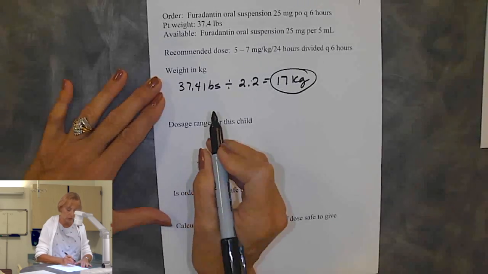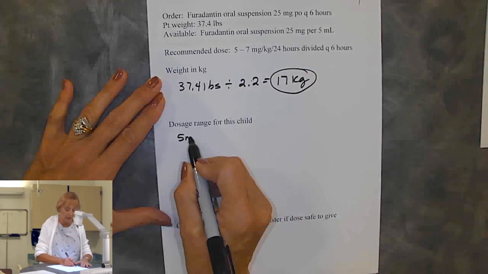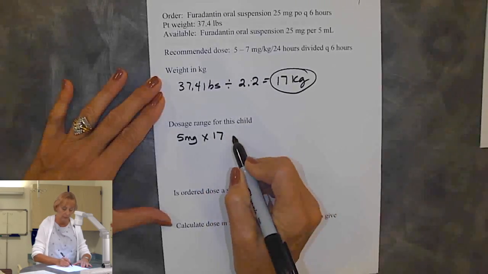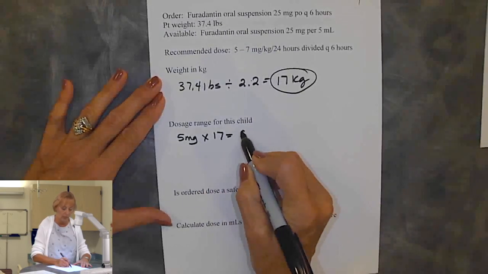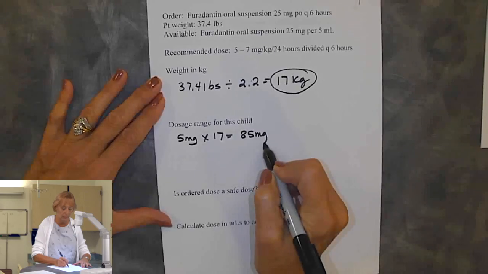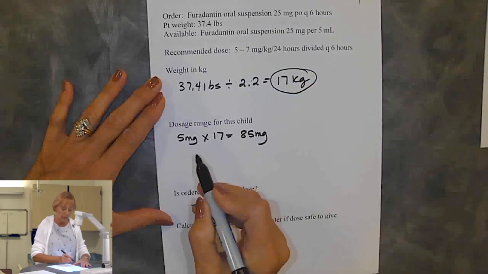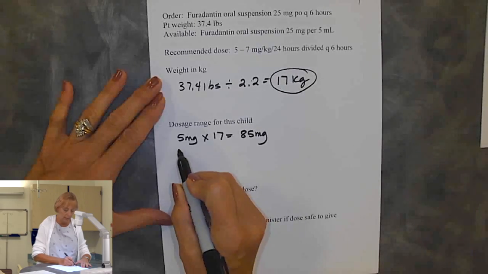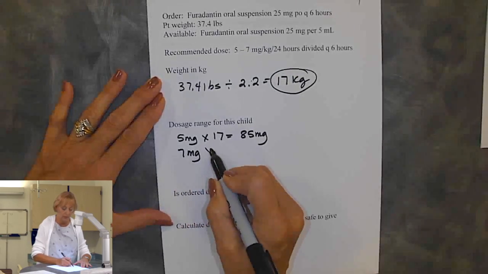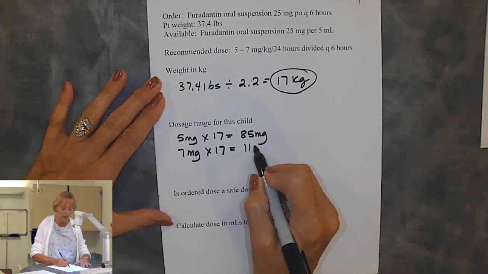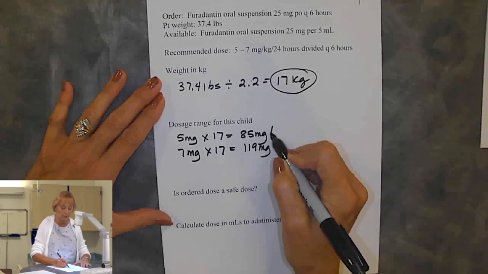So the first one is you're going to do the 5 milligrams. So 5 milligrams per kilogram, which is 17, is equal to 85 milligrams. So that's your 24-hour minimum dose. Then you want to calculate your 7 milligrams times 17 kilos, and that one is equal to 119 milligrams per 24 hours.